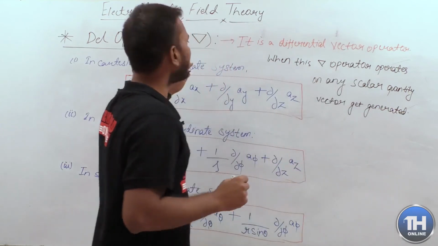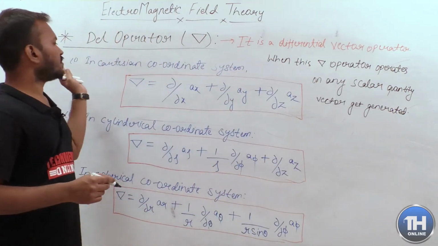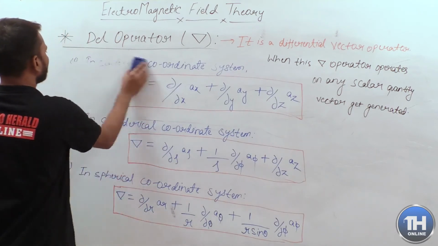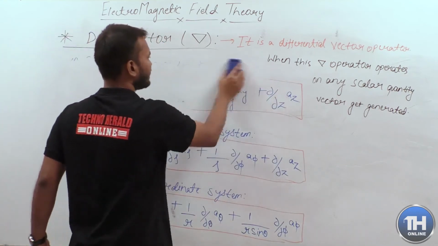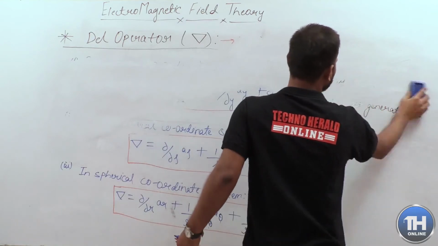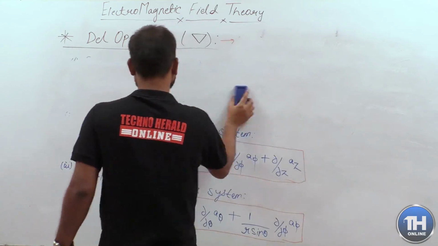That is why we are calling it a differential vector operator. So what are the uses of this delta operator? It may be used to calculate the gradient of any scalar quantity, divergence of any vector quantity, curl of any vector quantity, or the Laplacian of any vector or a scalar quantity.